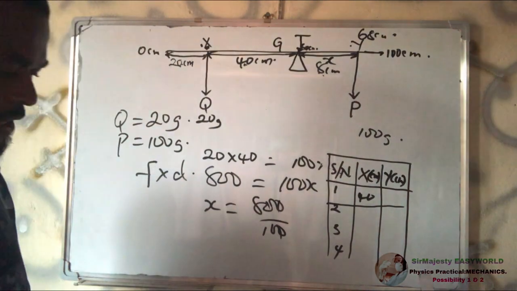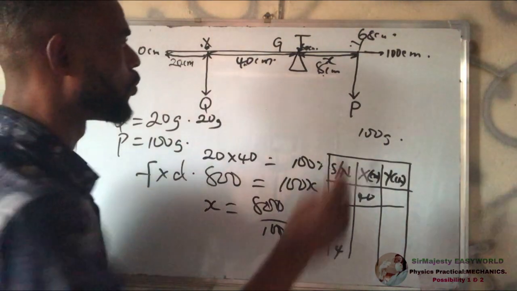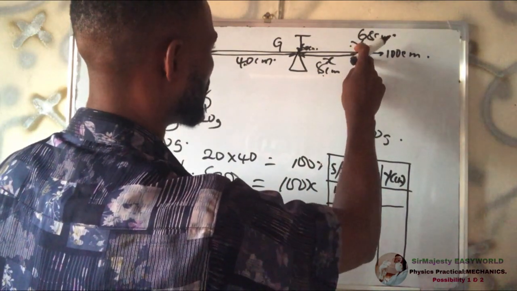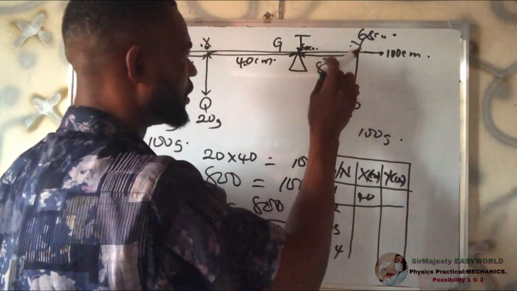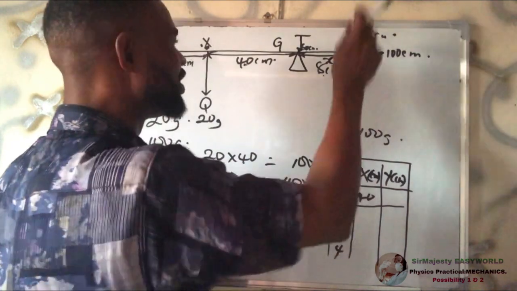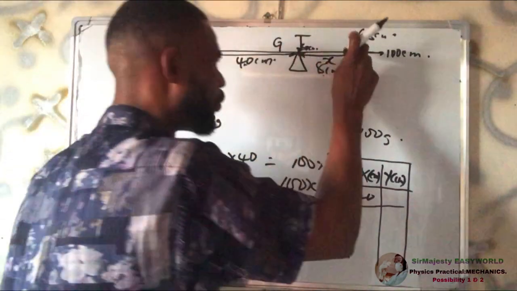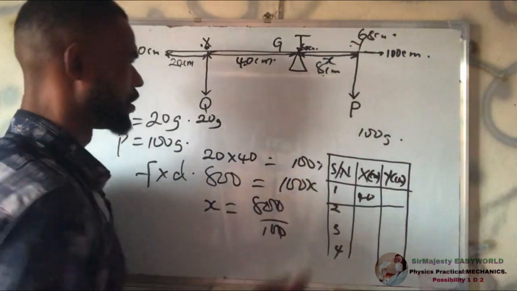As we can show you on the screen, that position y of p, remember it is not only this 8. Where is this y located? Measure it from 0 to position y. You understand? So we measure from here.